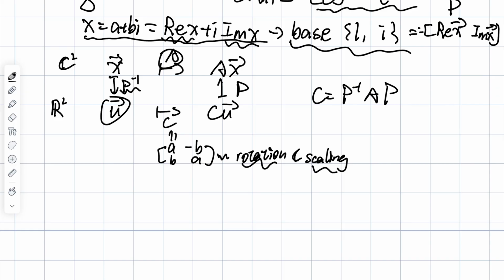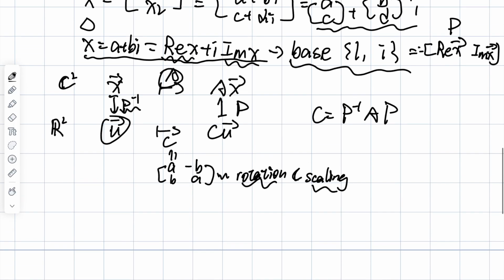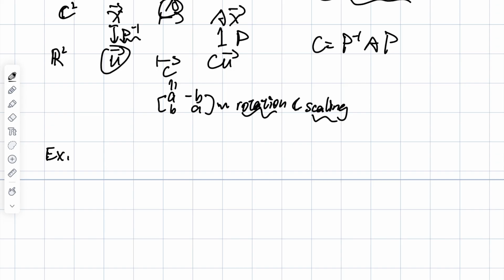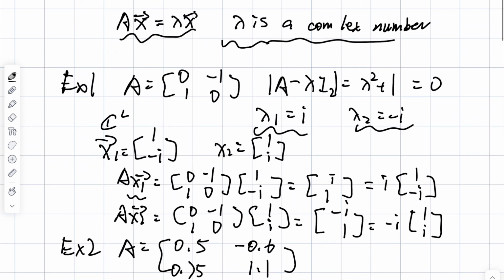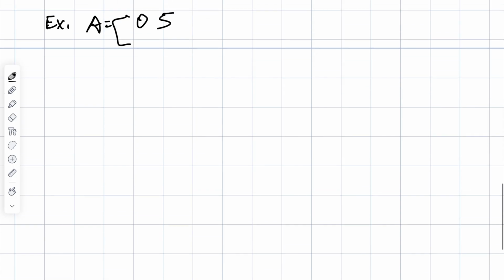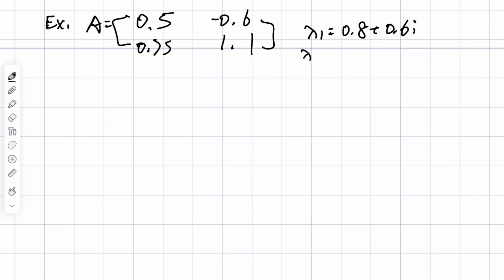For example, take the example up here, which is A equals 0.5, 0.75, negative 0.6, and 1.1, with lambda 1 equals 0.8 plus 0.6i, and lambda 2 equals 0.8 minus 0.6i.